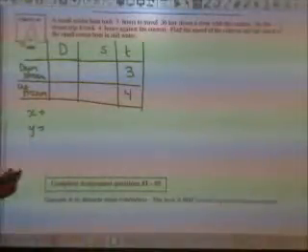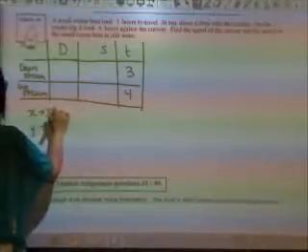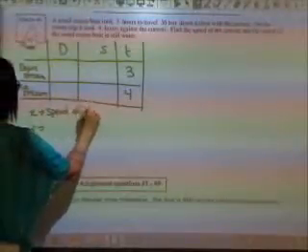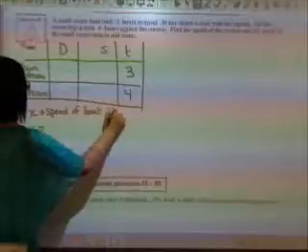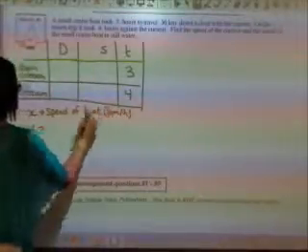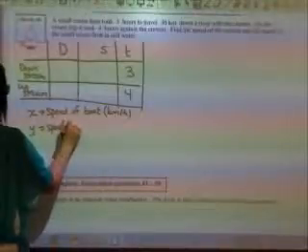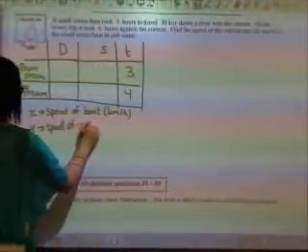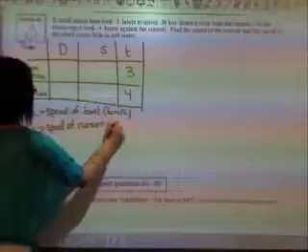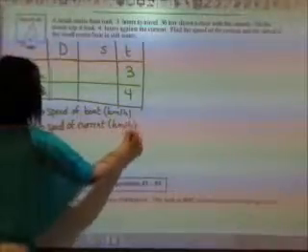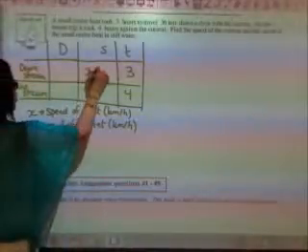So I could let x be the speed of the boat in kilometers per hour, and then y would be the speed of the current in kilometers per hour. So then as I'm going down the river, the boat and the current are working together.